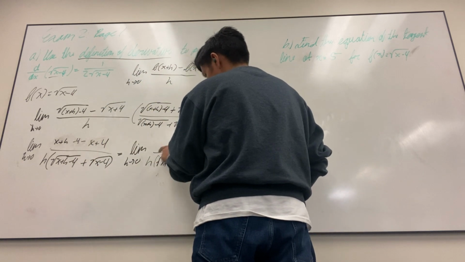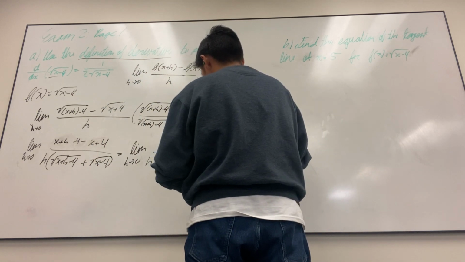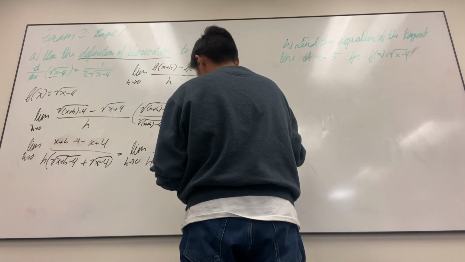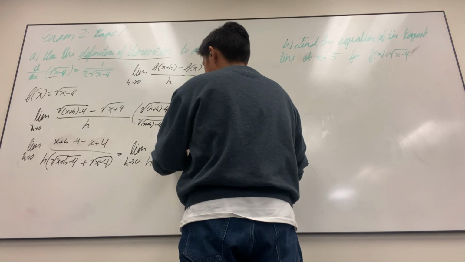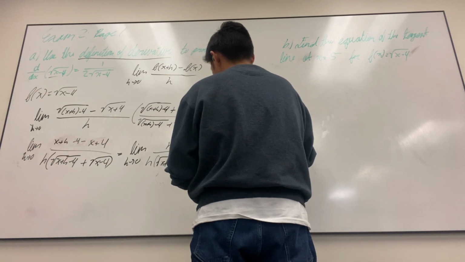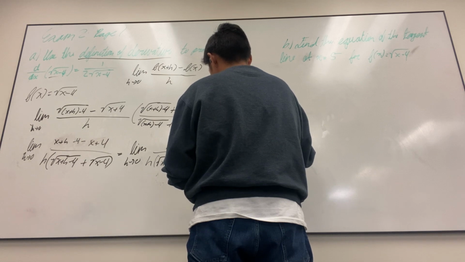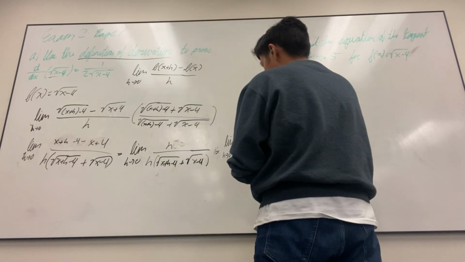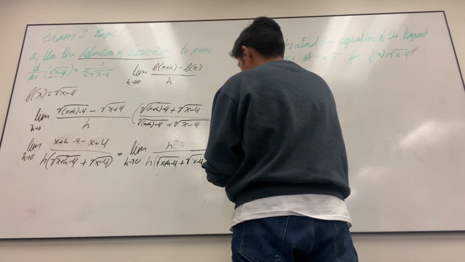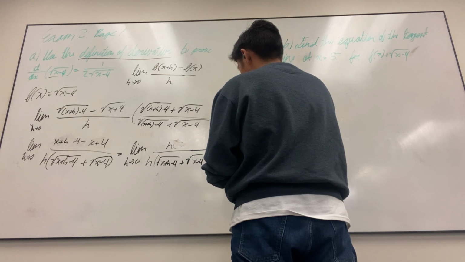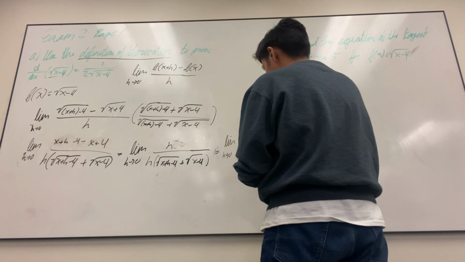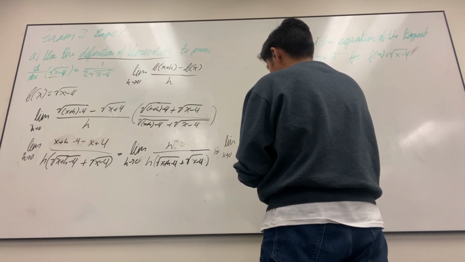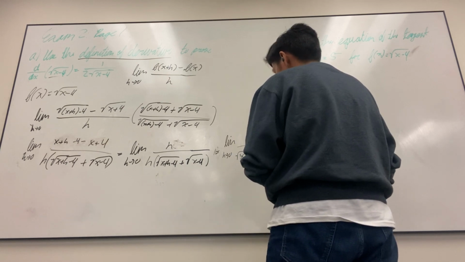Here you can cancel out like terms since they're both multiplying, because this is just h times 1. So you cancel out both h, don't forget to carry the limit as h goes to 0. You have 1 over square root of x plus h minus 4 plus square root of x minus 4.